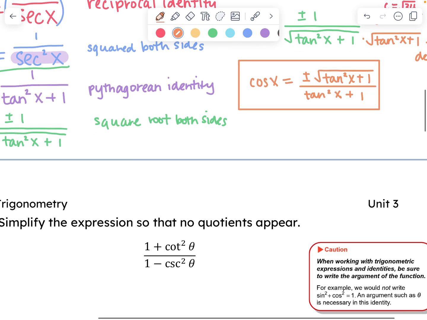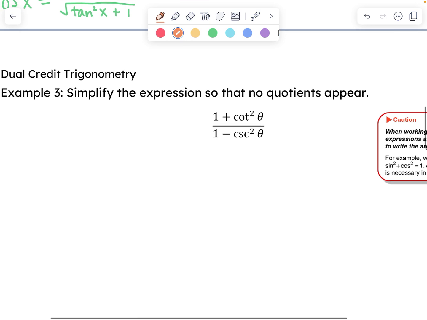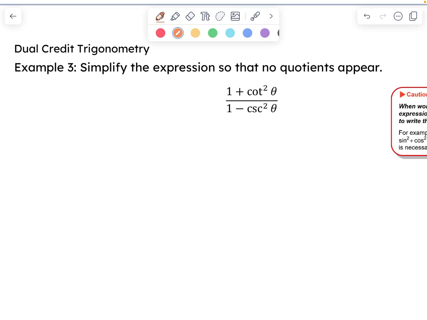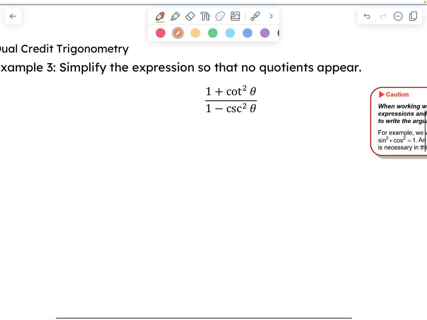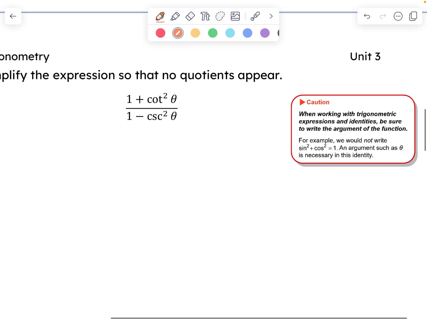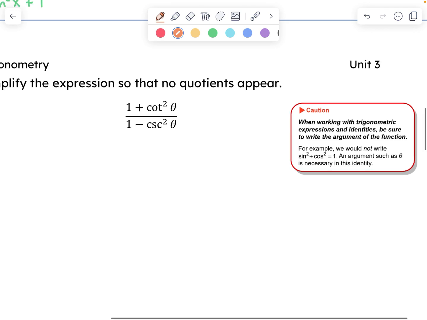Great, on the back. You can also use identities to help you simplify the expression so that no quotients appear. If we're looking at this, we've got 1 plus cotangent over 1 minus cosecant. So what we're looking at is, to me, two Pythagorean identities.